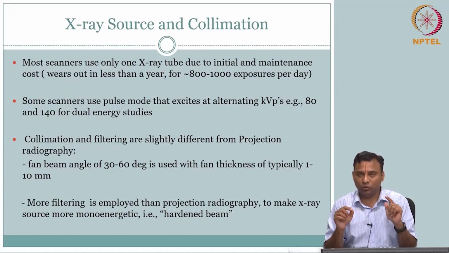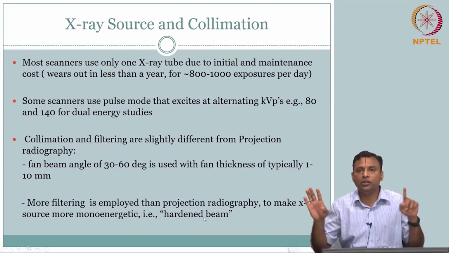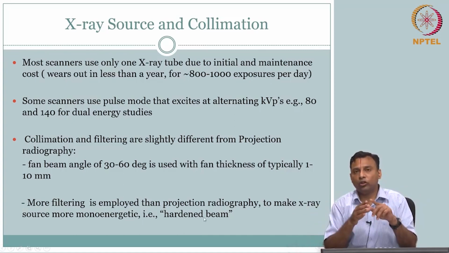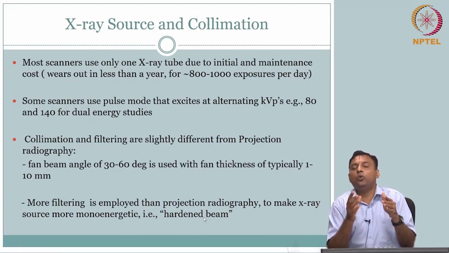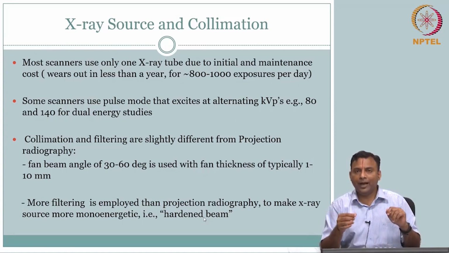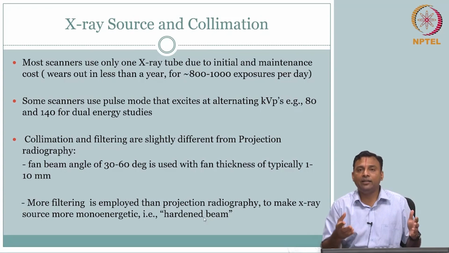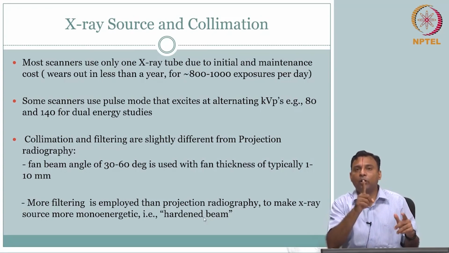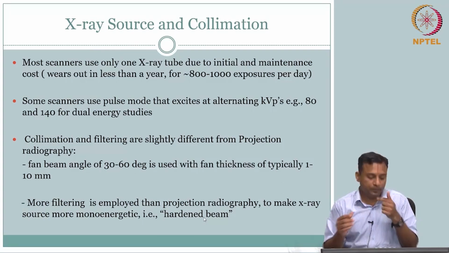So as far as possible you make it hardened, so that even though you know it is polyenergetic, your estimate of an equivalent monoenergetic can be used in the reconstruction mathematics, and you won't be too far from reality. Ideally you might say I want only one energy, but that is not going to happen. So you make it as narrow as possible.